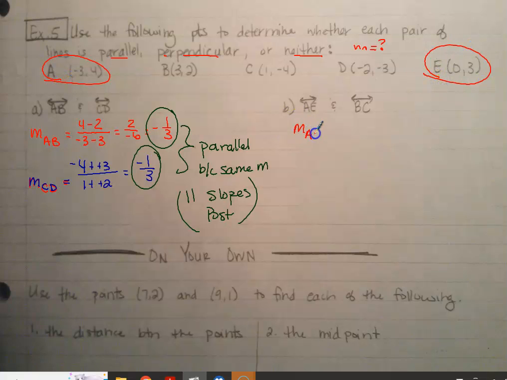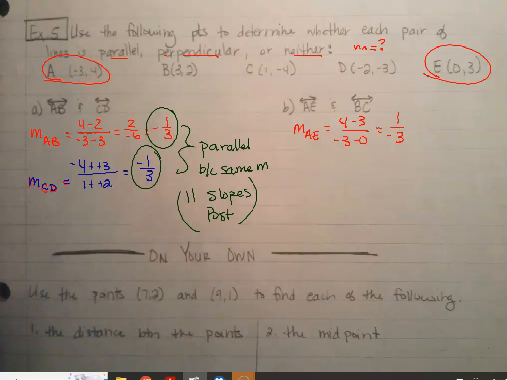So the slope of AE equals 4 minus 3 over negative 3 minus 0. 4 minus 3 is 1. Negative 3 minus 0 is negative 3. All right, so we got negative 1/3 there.